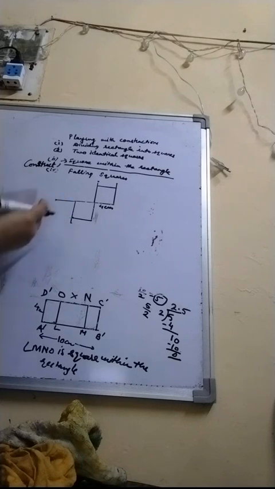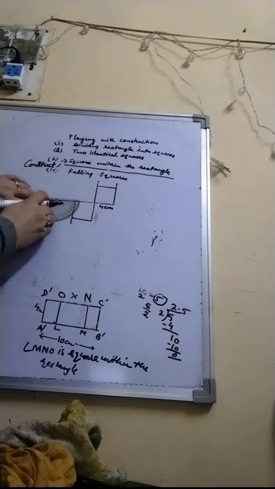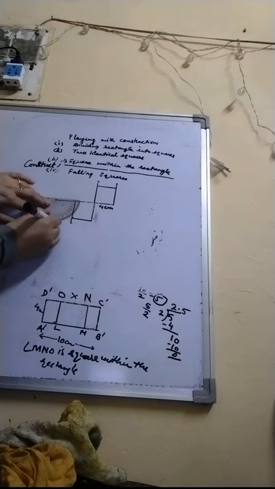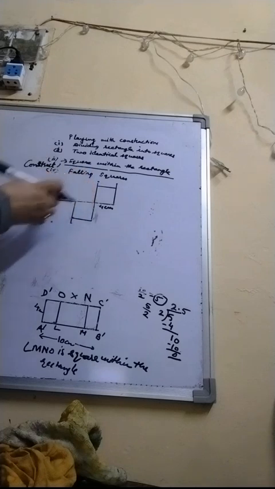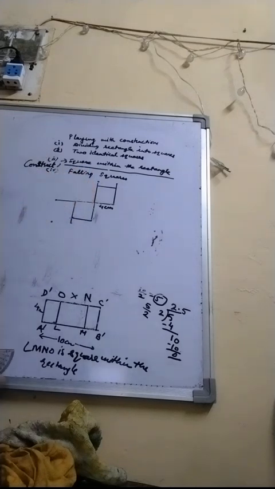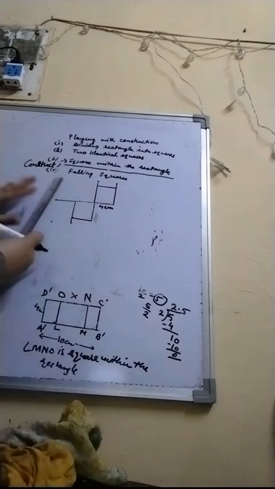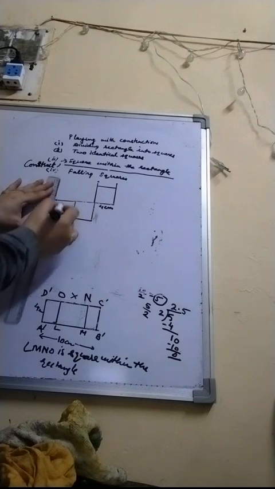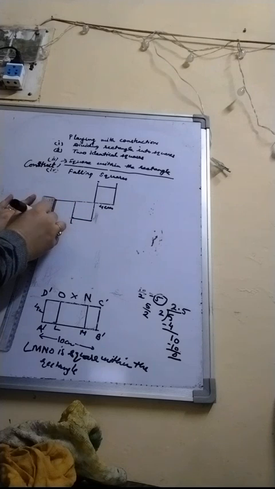From this point you would put the protractor, align the 0 line with the protractor 0 line and start reading and get 90-degree here, and you would get the line.